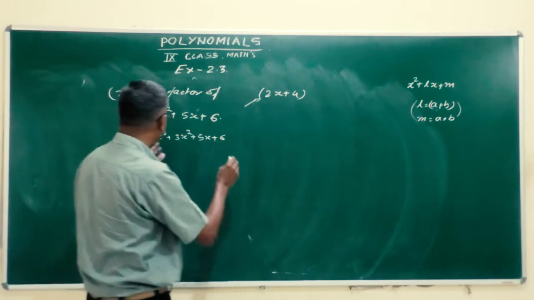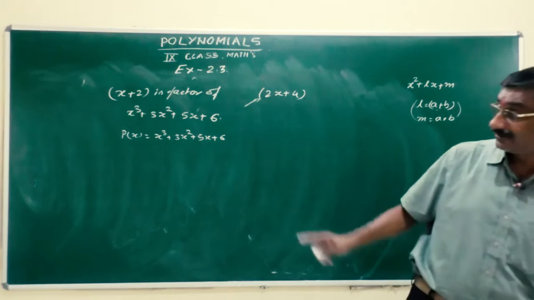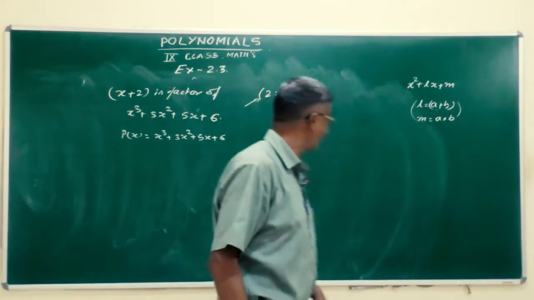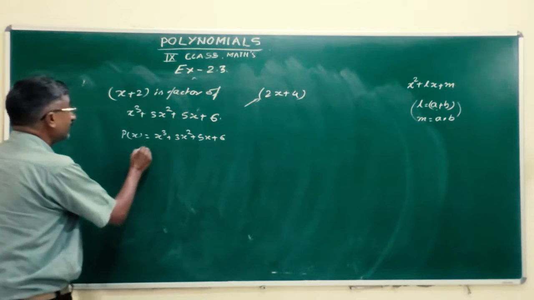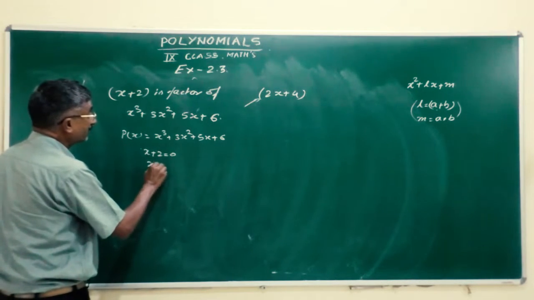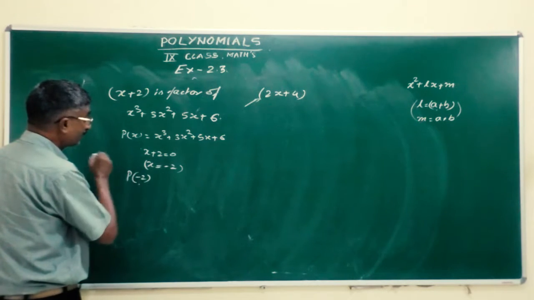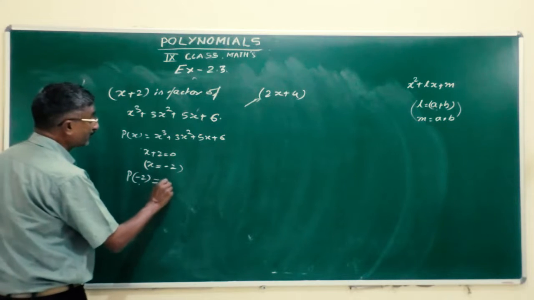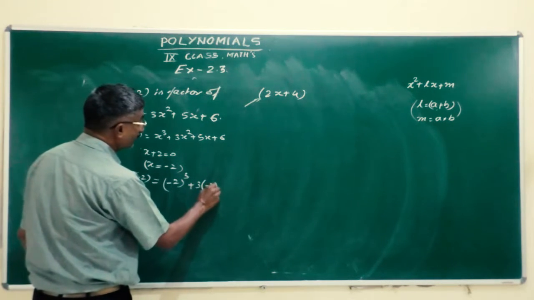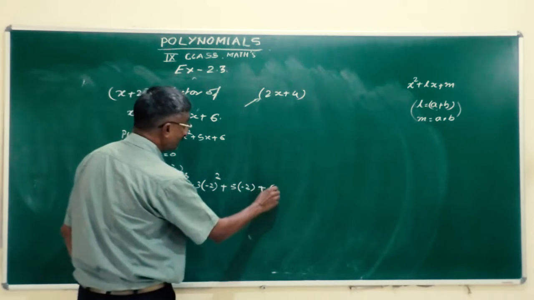Now I will substitute: x plus 2 is equal to 0, means x is equal to minus 2. So, P(minus 2) is equal to (minus 2) whole cube plus 3 into (minus 2) whole square plus 5 into (minus 2) plus 6.